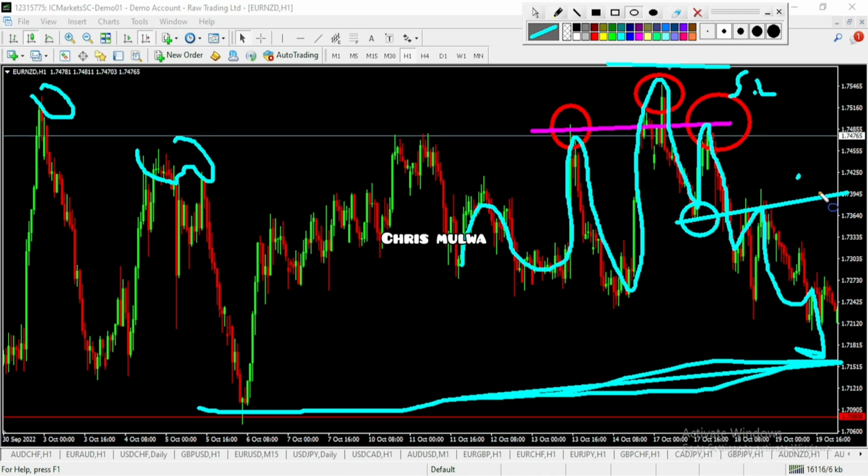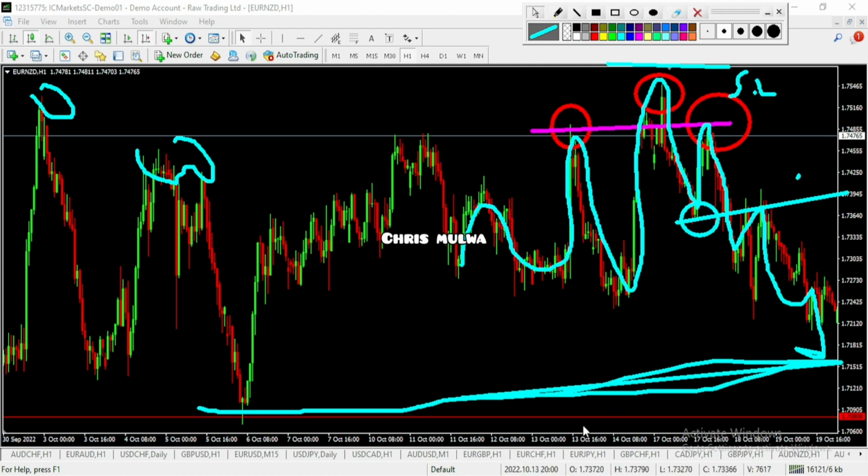The quote currency, NZD in this case, is stronger than Euro. That is why I am predicting a downward trade. I think we are together in this, and that is how we trade head and shoulders.